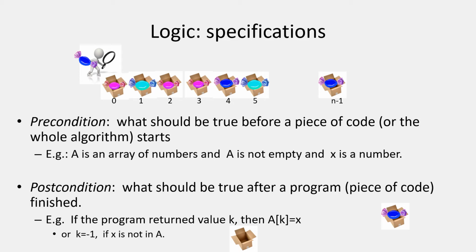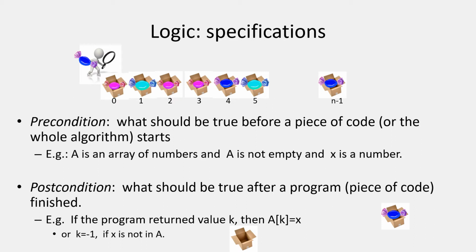And depending on those assumptions, the guarantees on what you will output would be different. For example, you may say, well, return the value of a box which contains the candy. Well, you need to also either put in the precondition that the candy is somewhere in this row of boxes, or you have to say what to return when x is not in the array.